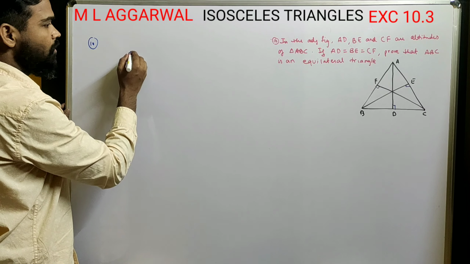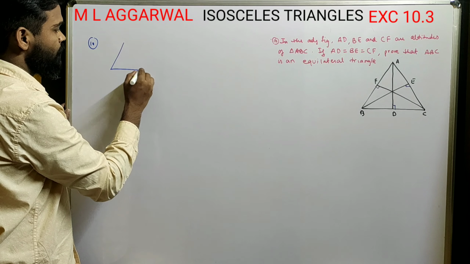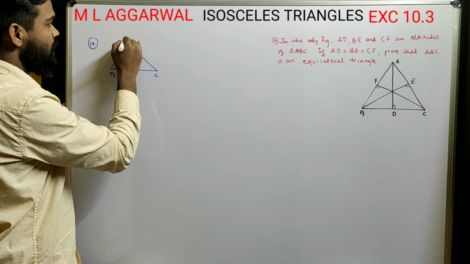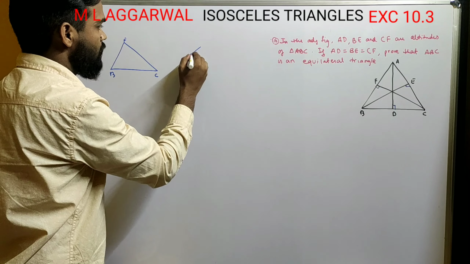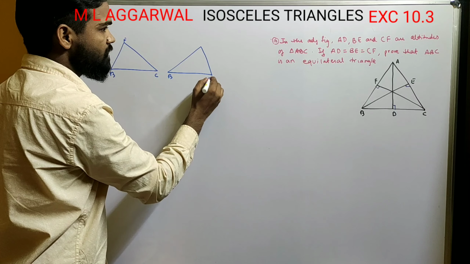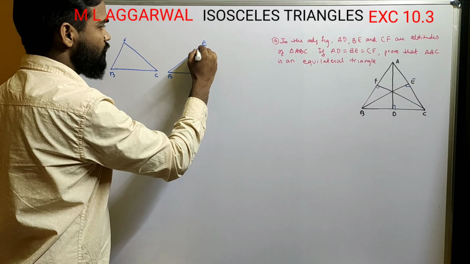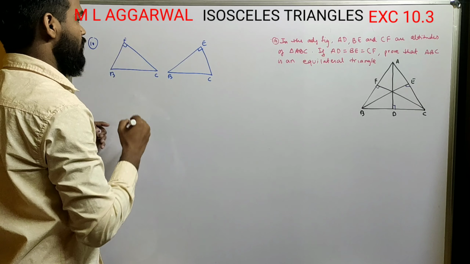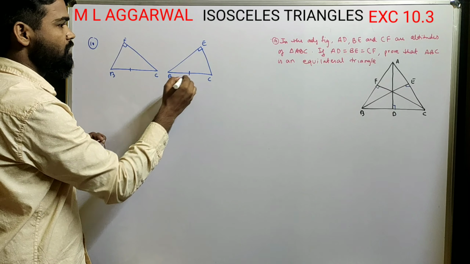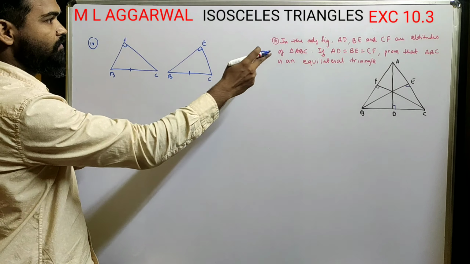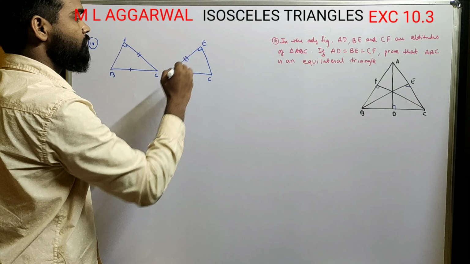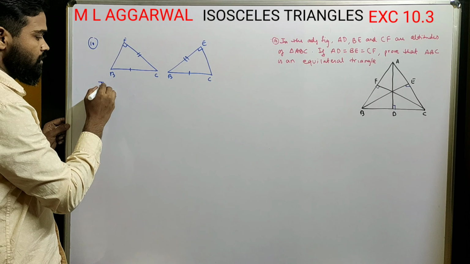Now first of all, look at triangle BCF and triangle BCE. Look carefully, this is 90, this is 90, okay, and BC is equal to BC, that's common, and they have given CF is equal to BE, which means they are congruent.